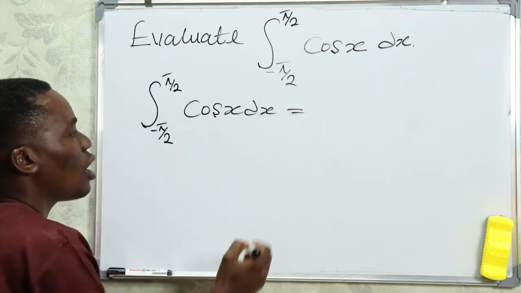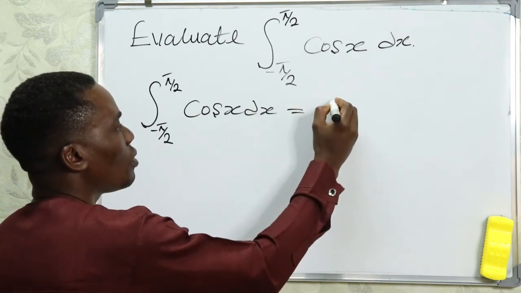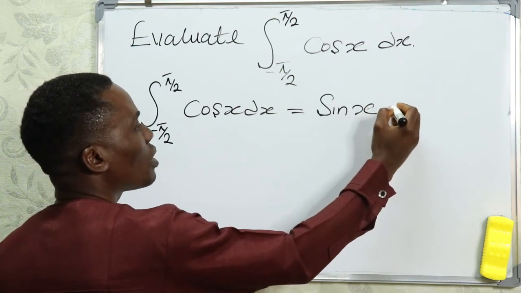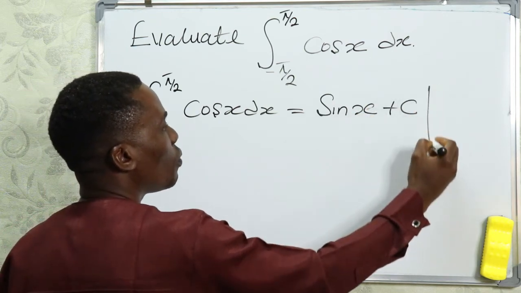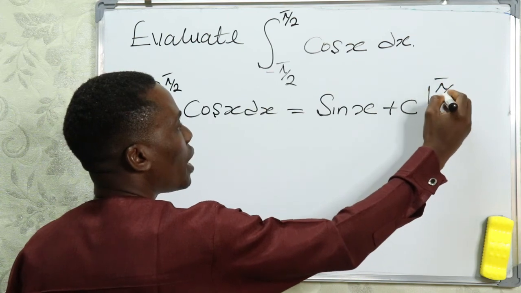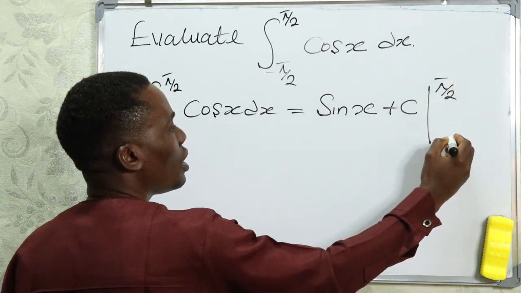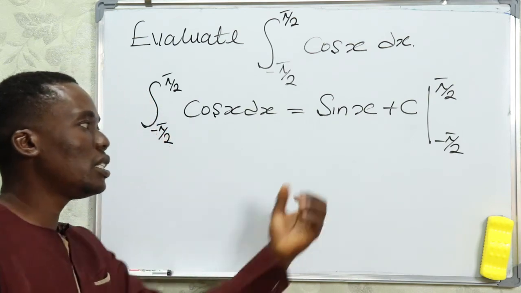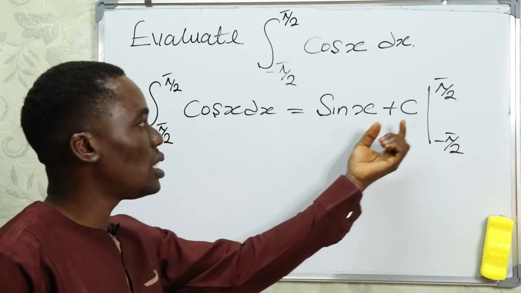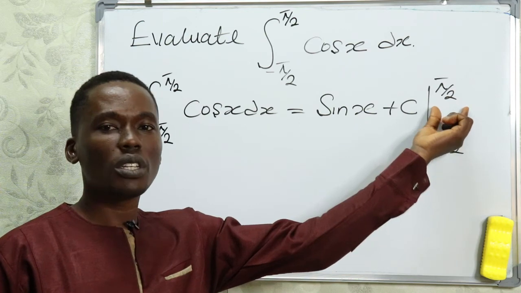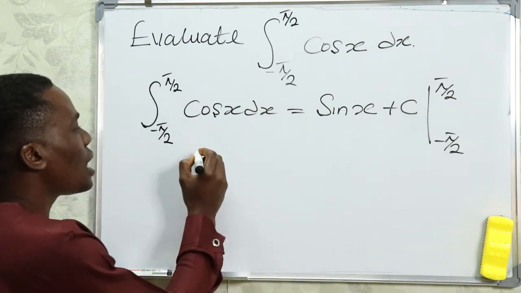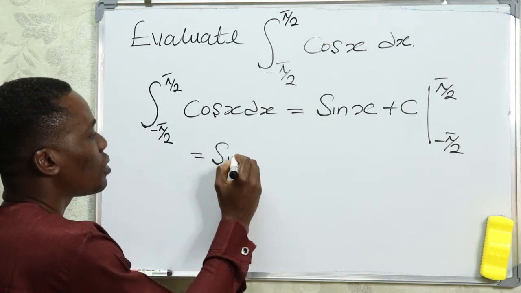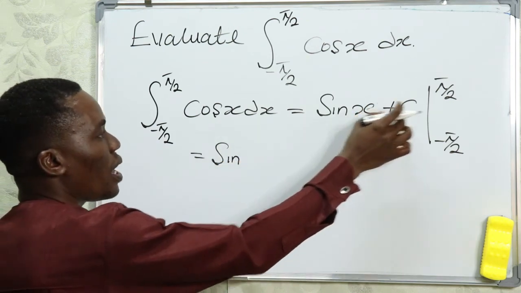This will be equal to sine x plus C, with the upper limit being pi over 2 and the lower limit being minus pi over 2. And this is not the result yet, because we are going to evaluate this within the limits of x.